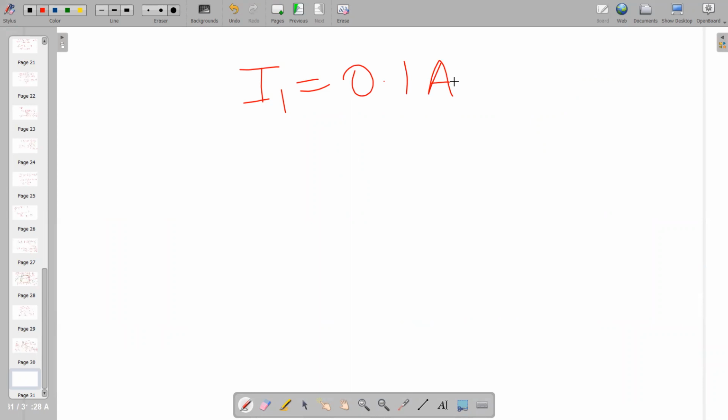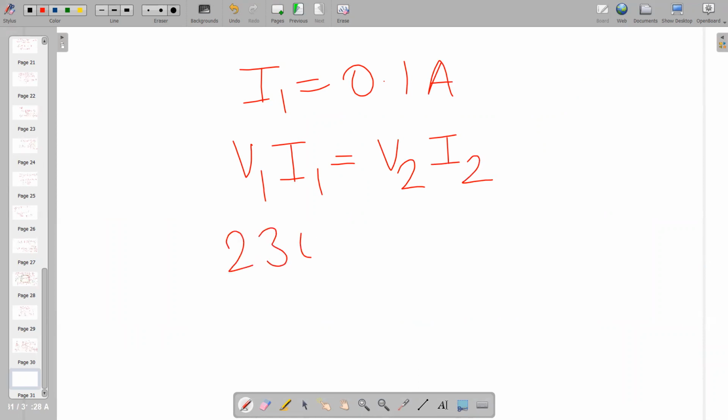Because this is an ideal transformer, power in the primary, V1 times I1, is equal to power in the secondary, that is V2 times I2. V1 is 230, I1 is 0.1, V2 is 12 as the rating of the load, and I2 we need to calculate.